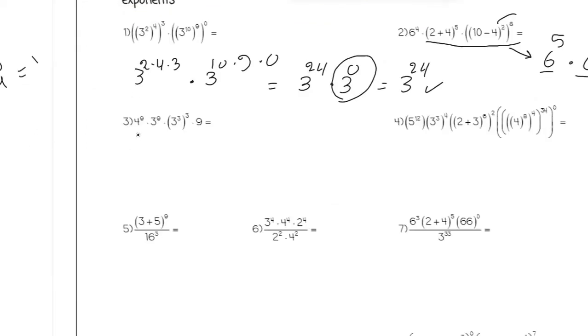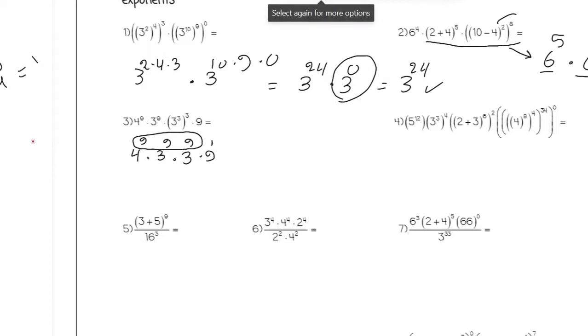We solve it like 4 to the power of 9, multiply by 3 to the power of 9, multiply by 3 times 3, again 9, multiply by 9 to the power of 1, because when it doesn't have a power, it's 1. Then these three numbers have the same power or exponent.